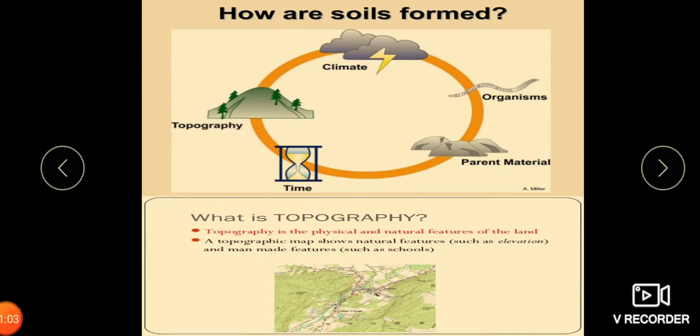The soil, children, is formed by the weathering or disintegration of the parent rocks by physical, chemical and biological agents. It is a slow process and it takes thousands of years. This physical and chemical decomposition is primarily done by water and climate.